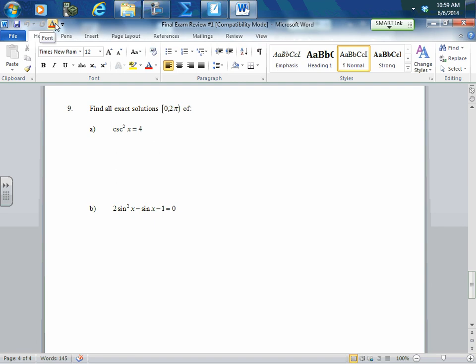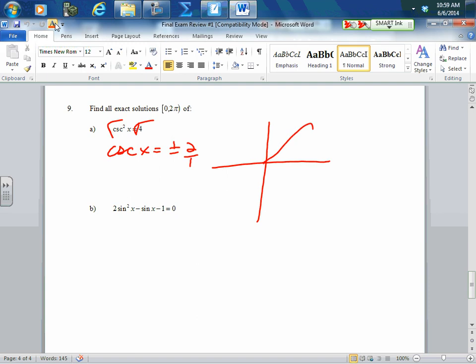Okay, if it disturbs you, you can always use their reciprocals. I'll set it up both ways. So if you're going to solve this, take the square root. When you take the square root of something, you get plus or minus. And because trigs are ratios, make it a ratio. This gives you all 4 quadrants.